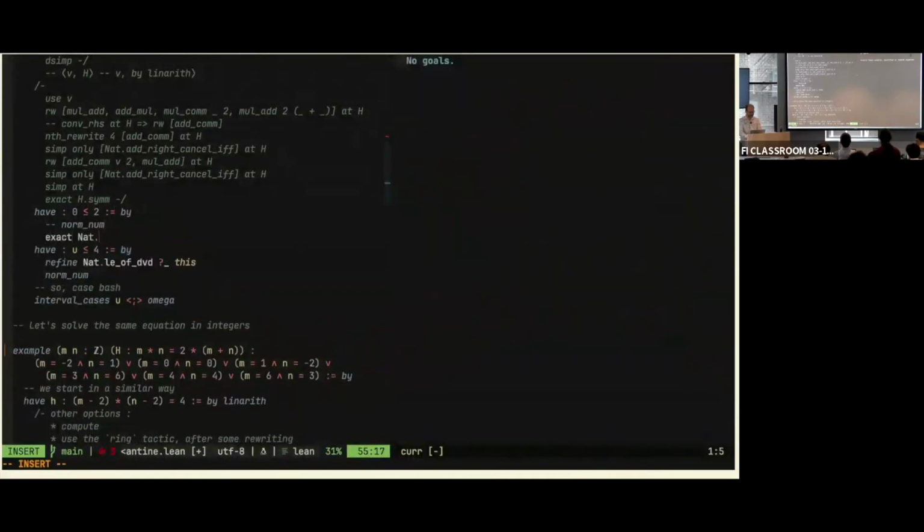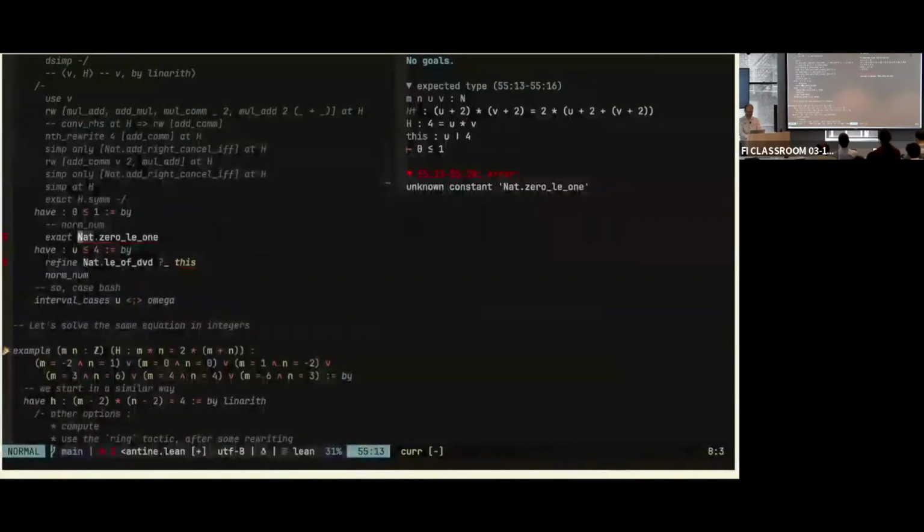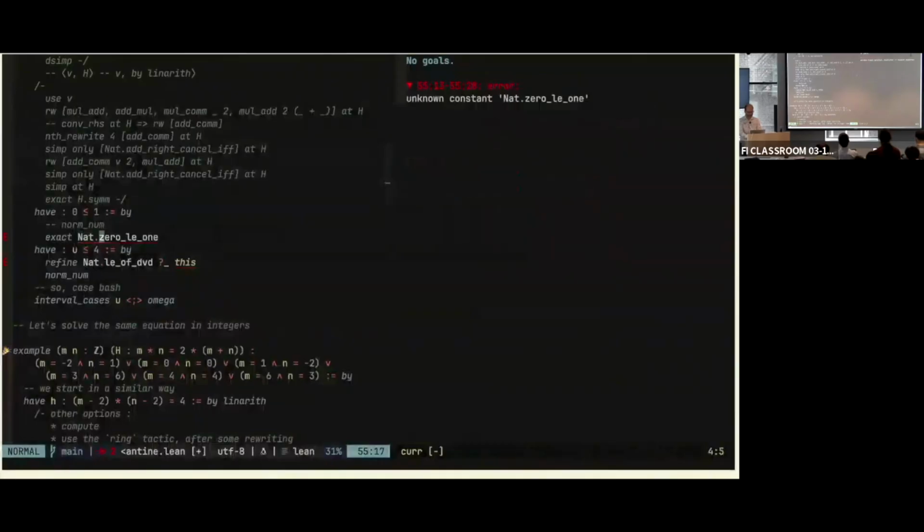But you could also do exact nat.0 le2. Oh, no, that doesn't exist. So let's try 0 le1. Doesn't work either.